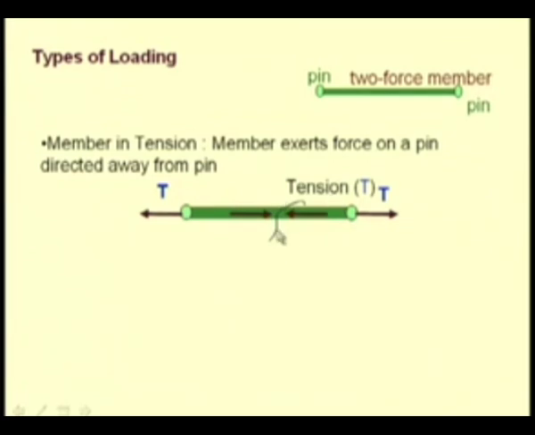So, in order to resist the deformation, the member develops an internal force which tries to keep the various parts of the member in equilibrium, and thereby these forces pull the member towards itself. That is, at the joint, the internal force is acting away from the joint.